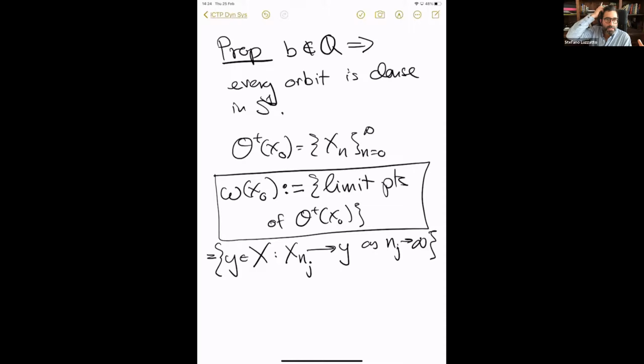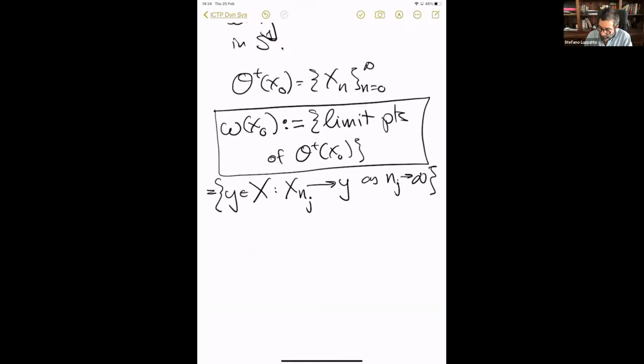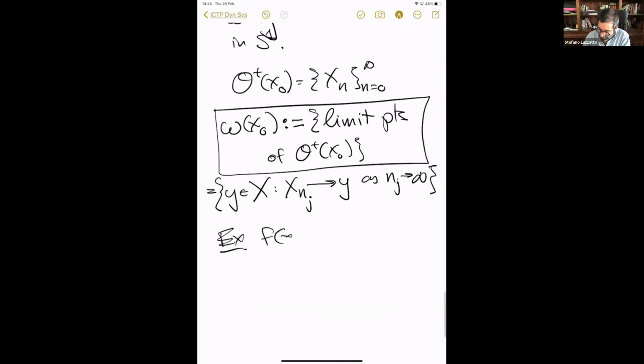As we saw in the last class, for example, if f of x equals 1/2 of x, then this orbit will just converge to 0 at the origin. And then what is the omega limit of this point? So for example, in f of x equals 1/2 of x that we saw before, we have 0, we have x naught, x1, and so on.